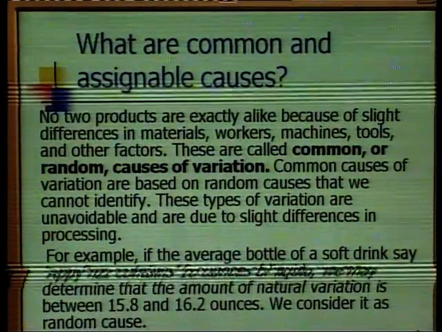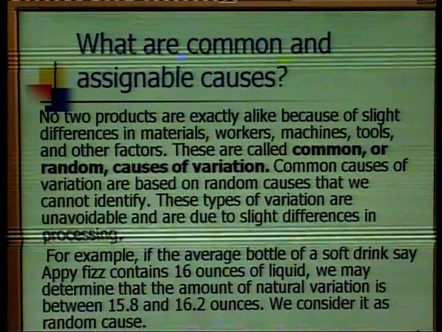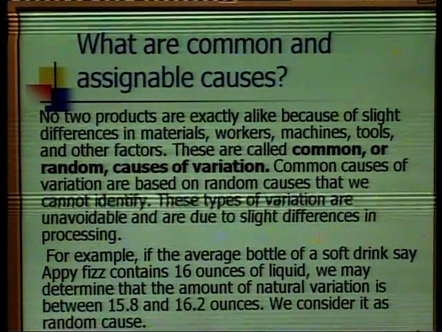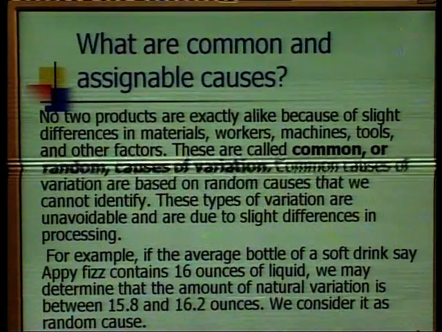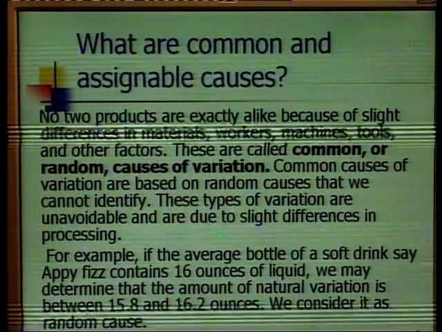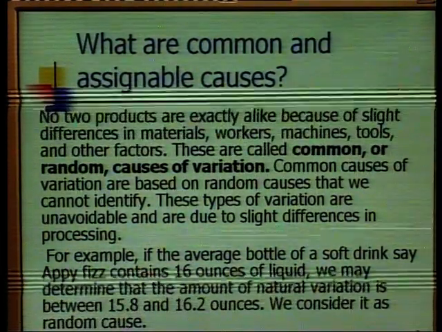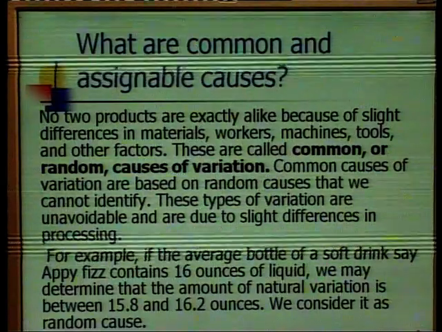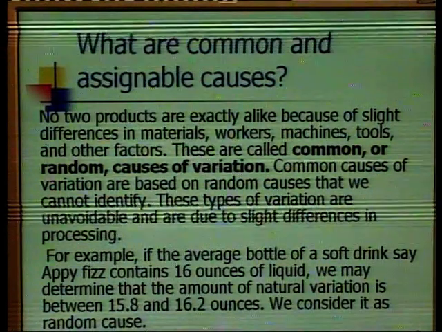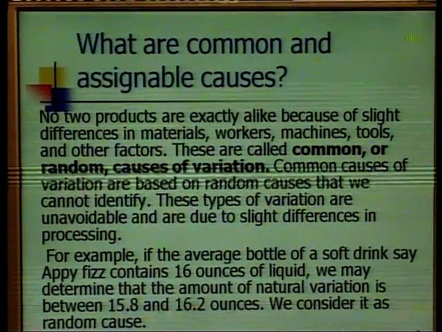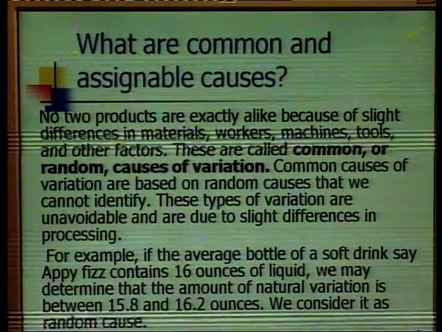Now, we can say that no two products are exactly alike because of slight differences in material, workers, machine, tools and other factors. If we observe any two products, we will notice that they will never be the same.